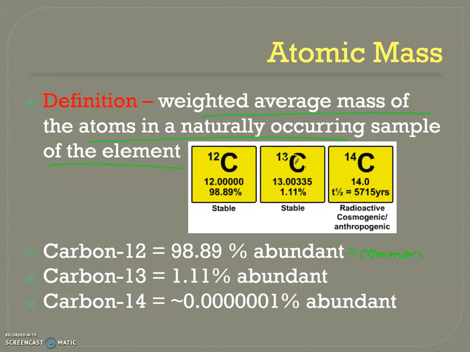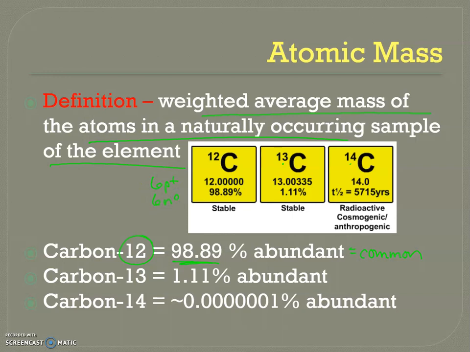So we have carbon 12, carbon 13, carbon 14. They are all not equally common. Carbon 12 is the most common one: 98.89% of all the carbon in the universe and all of the galaxies and our planet and others is going to be carbon 12, with our 6 protons and our 6 neutrons.